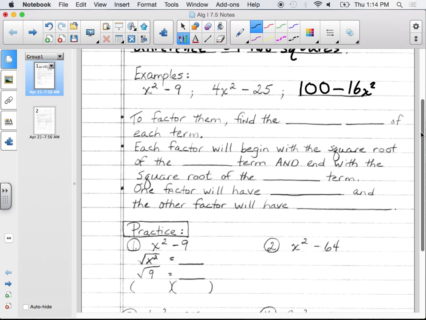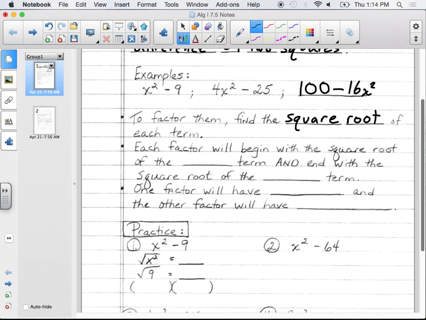I see. Alright, so when we want to factor the difference of 2 squares, we have to find the square root of each term. So we have to find the square root of the first one and the second one. When we do that, we're going to have 2 binomial answers.